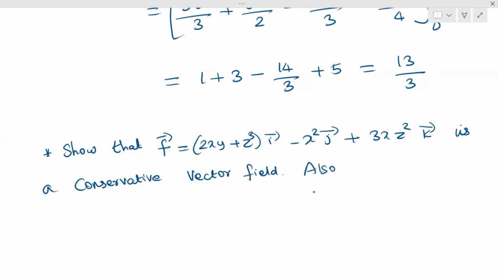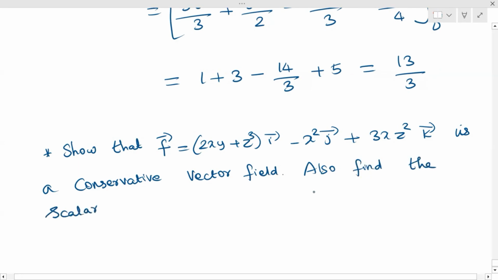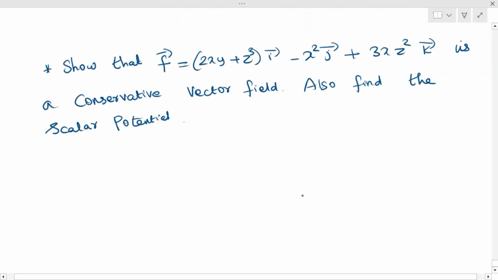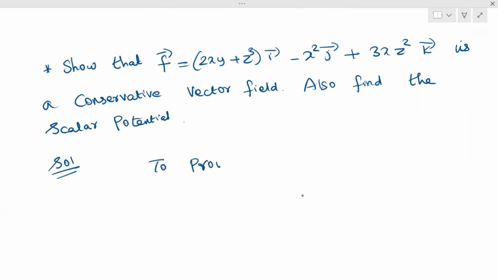Also find the scalar potential. So when we say the F vector is a conservative vector field, it means the curl F is 0. So we have to prove curl F equal to 0.